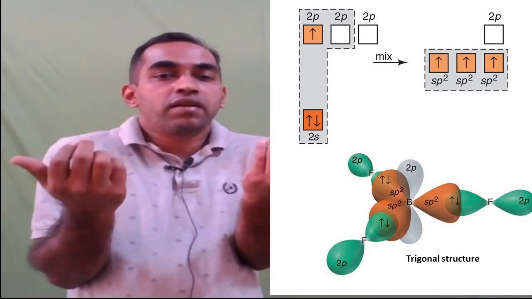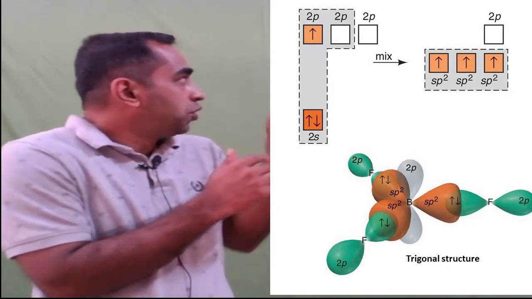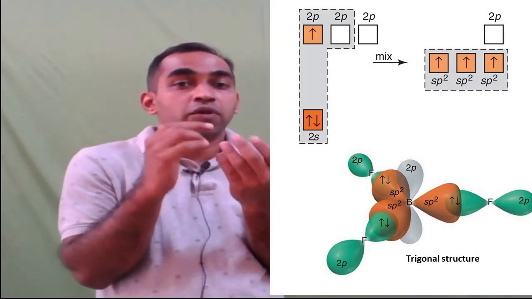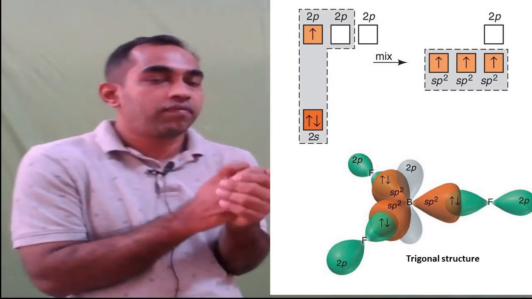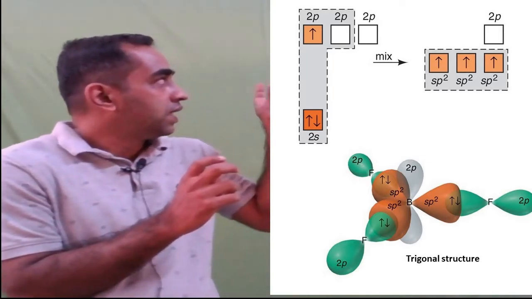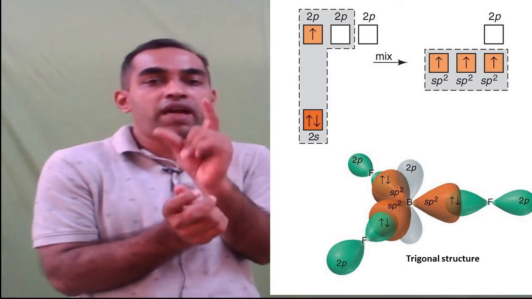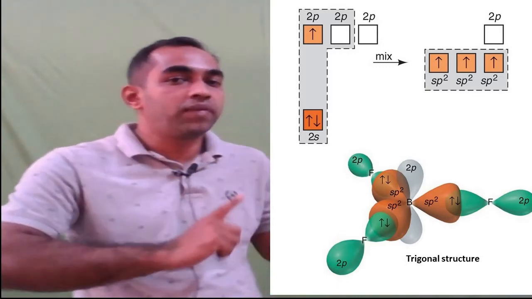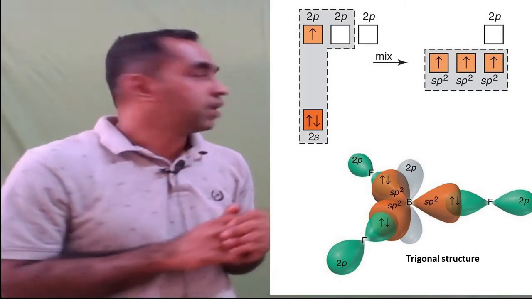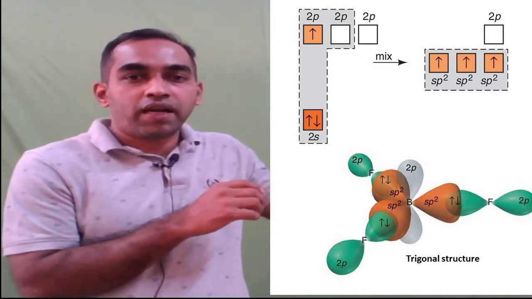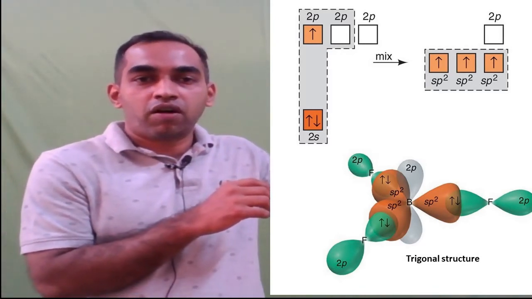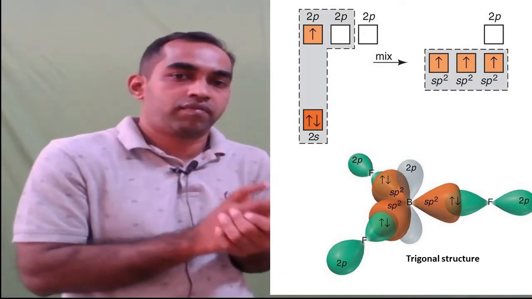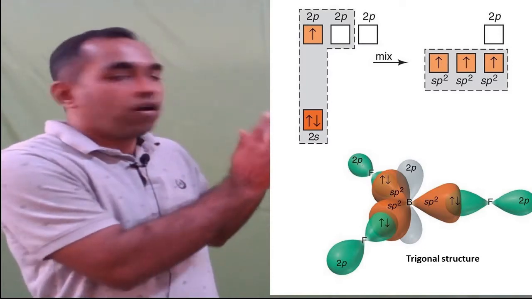Before forming BF3, the 2s orbital will mix with 2p orbitals to give sp2 hybridization, so a total of 3 sp2 hybridized orbitals. Notice that 1 p orbital remains vacant, and these sp2 hybridized boron orbitals will form bonds with fluorine, forming BF3.